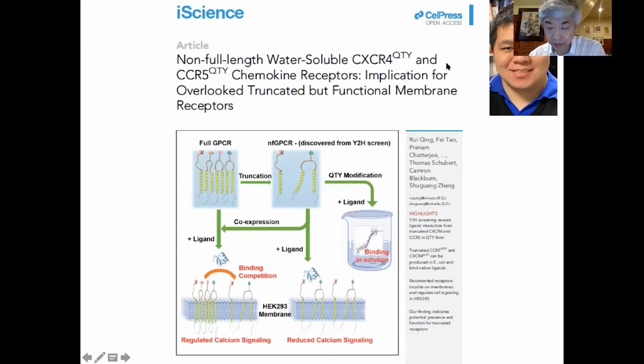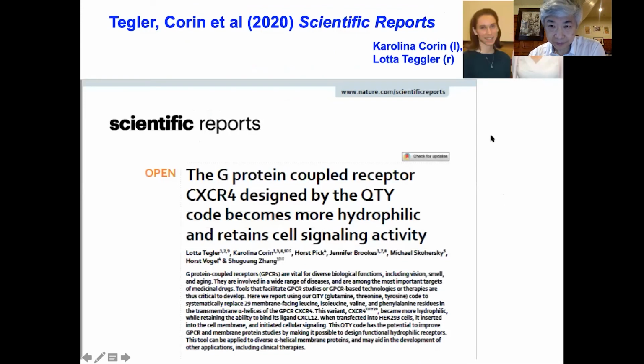implication for overlooked truncated but functional membrane receptors. This paper was published in 2020. And Dr. Carolina Coren and Dr. Loda Tegler published a paper in Scientific Reports in 2020: the G protein coupled receptors 6L4 designed by the QTY code become more hydrophilic and retain cell signaling activity.